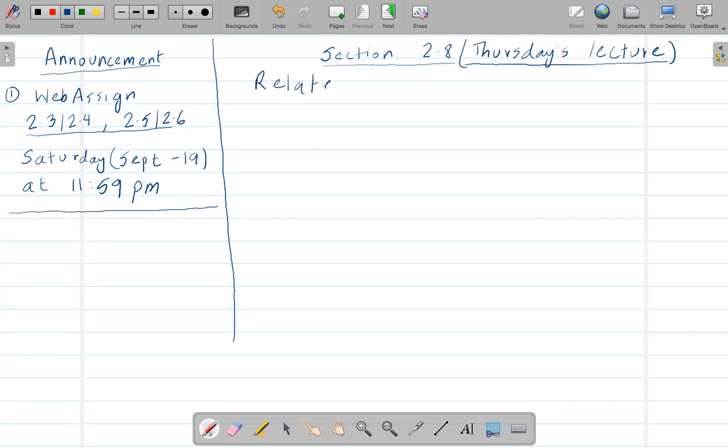Anyway, this section is about related rates, or basically we're talking about the rate of change. So when we say dx over dt, what can we say when we have these kinds of terms?